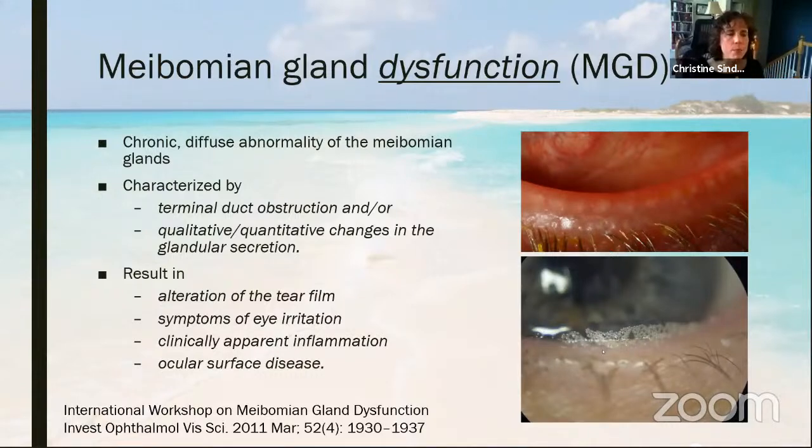That's what Meibomian gland dysfunction is. What happens with that is you get an altered tear film, and eventually that will lead to ocular irritation because the tear film's not performing correctly. That will lead to inflammation, and eventually the surface of the eye itself will become diseased and have untoward effects.